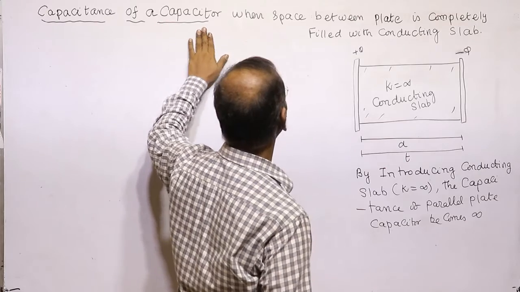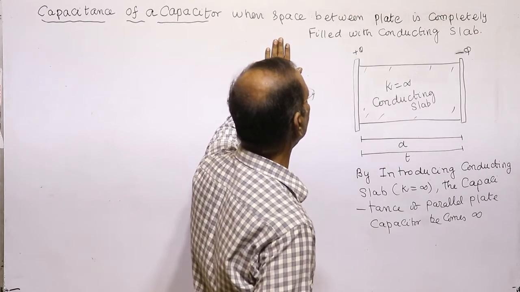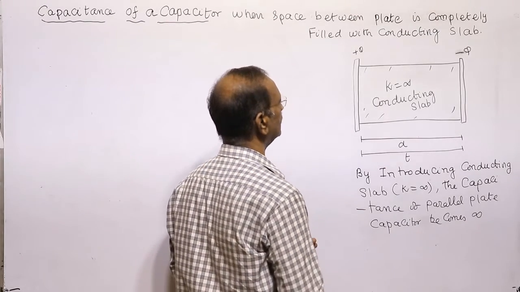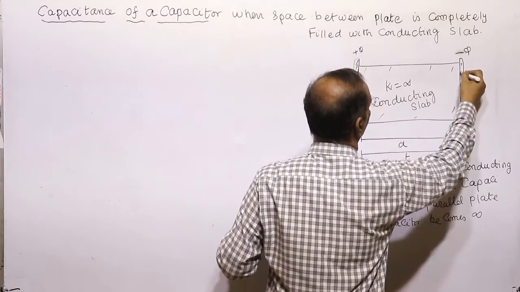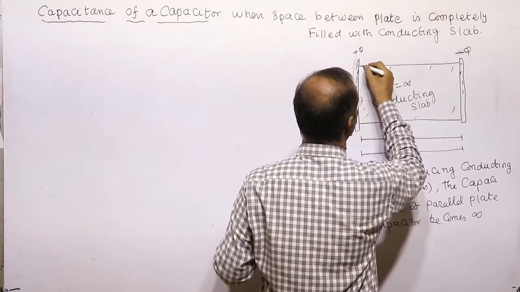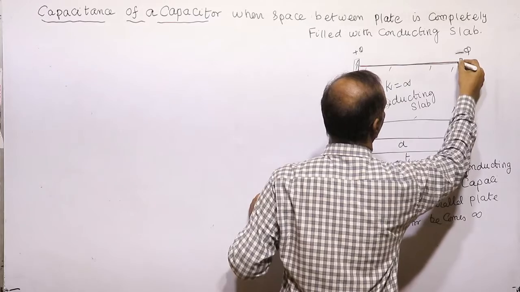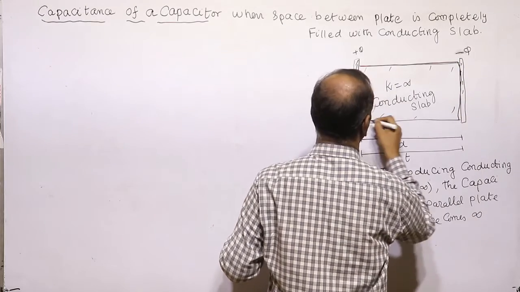Capacitance of a capacitor when the space between the plates is completely filled with a conducting slab. This is the plate, and the space between the plates is completely filled with a conductor.